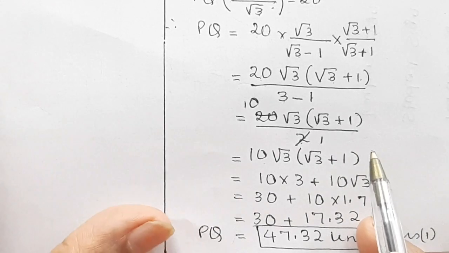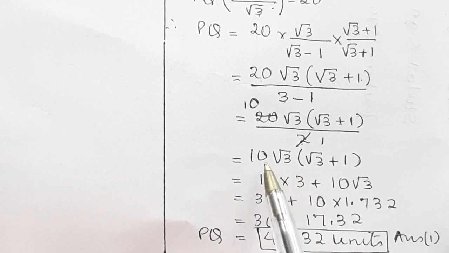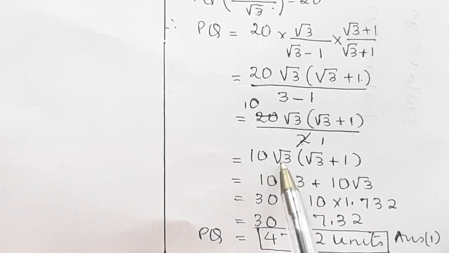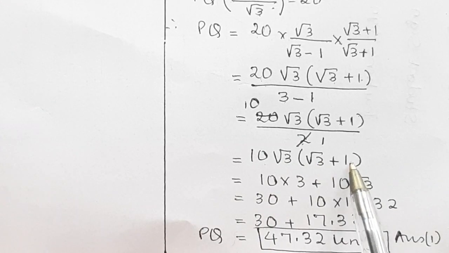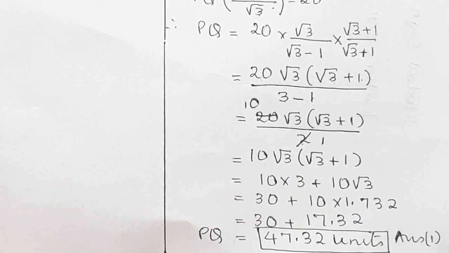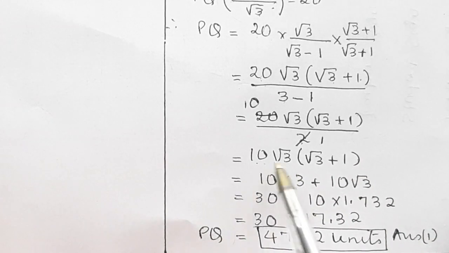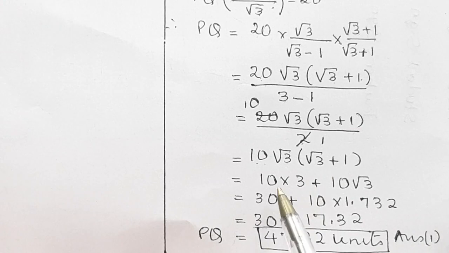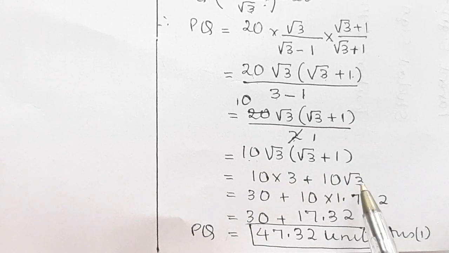Now please remember that if you substitute here 10 into 1.732 as the root 3 value, here again you will have 1.732 plus 1. A 3 place decimal multiplying by a 3 place decimal is going to be a headache. So you open the bracket so that 10 root 3 into root 3 will give us 10 into 3, and 10 root 3 into 1 is 10 root 3.